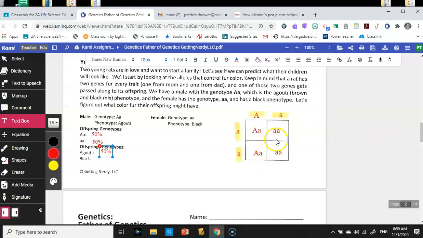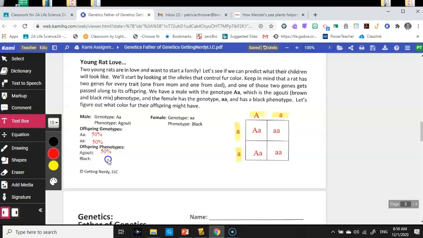And then this one over here is going to give you the recessive color, which is black. So you're going to have black fur babies 50% of the time. Does that make sense?